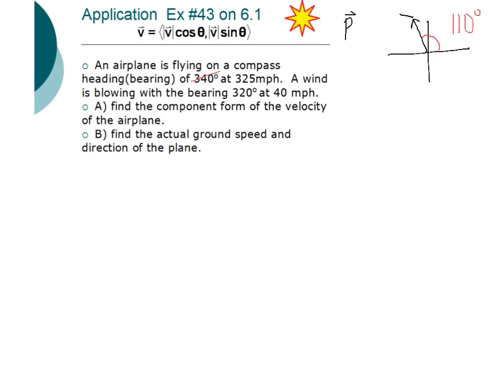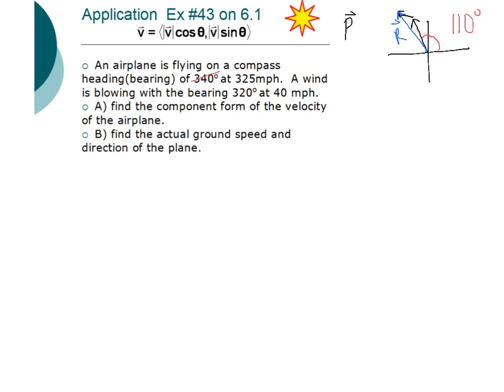And it's going to be much shorter because it's only going 40 miles per hour, and that represents your magnitude. In the end, it kind of helps my plane, and my resultant goes from here to here. Ultimately, that's what I'm shooting for: what is the plane really doing? What is the resultant going to be?